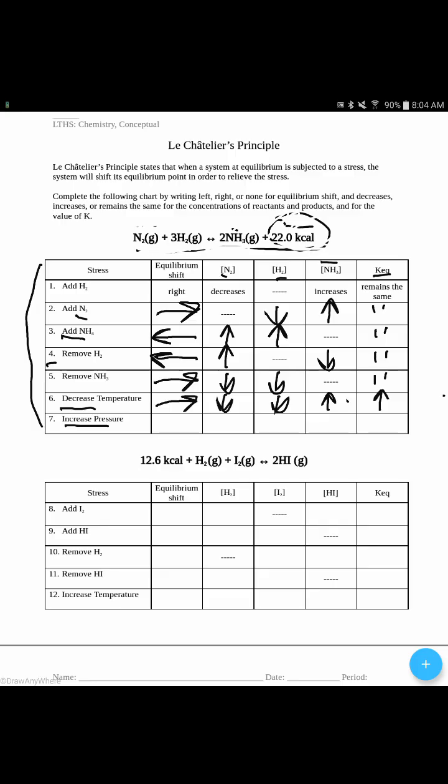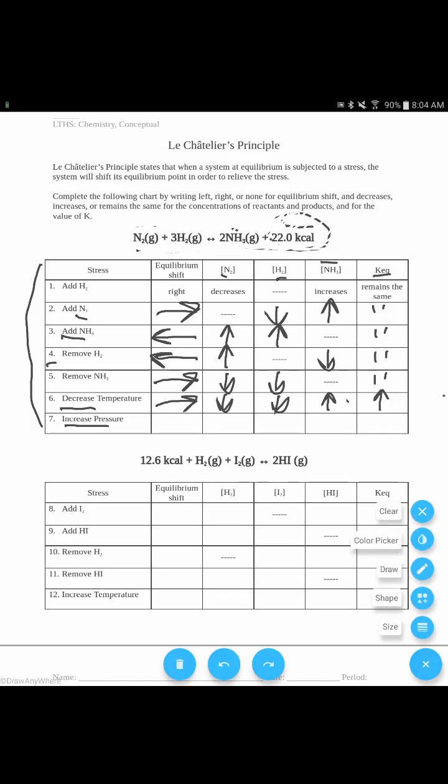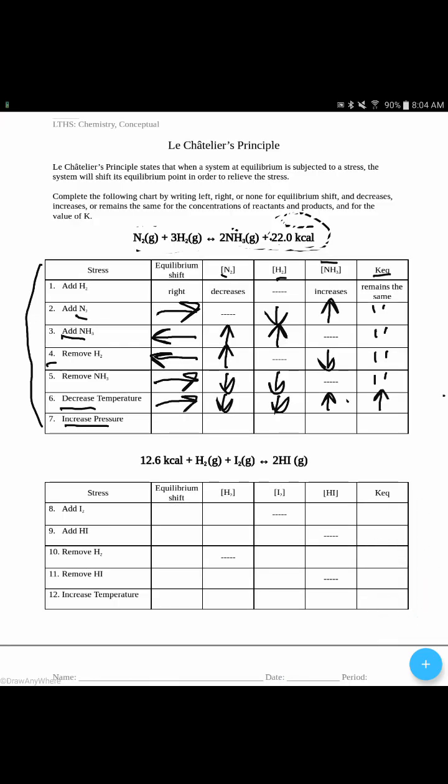So if we have a change in pressure, then we have 1 mole of gas here, 3 moles of gas here, so a total of 4 moles of gas on the reactant side. We have 2 moles of gas on the product side, so that means we have more moles of gas on the reactant side than the product side.